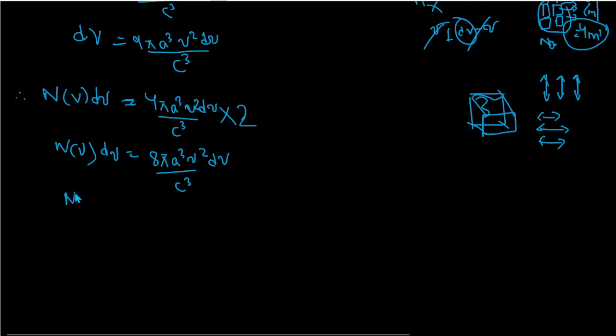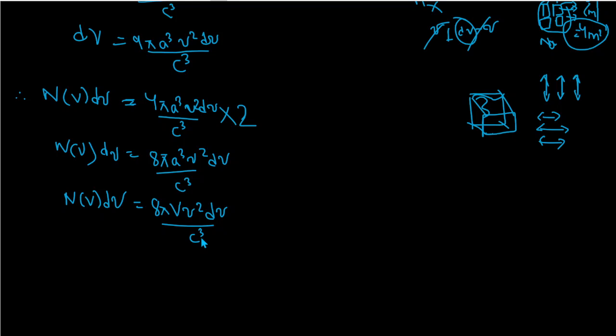So now I can take this as equal to 8π V, where capital V is the volume of the cube, and it is ν² dν divided by c³. So this is the total number of standing waves.